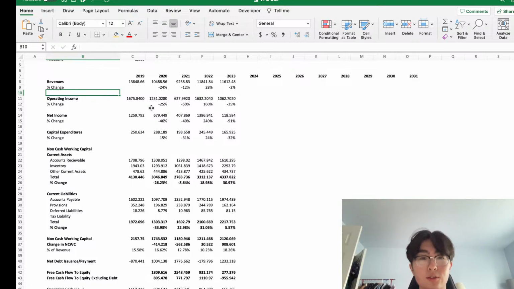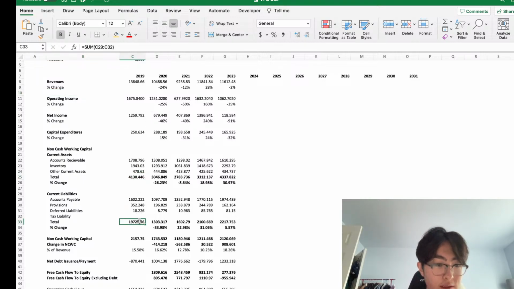So those are our two main assets, one main current liability, and we subtract the two. Let's see, did I subtract them? Total current assets, yeah, okay. So we subtract the two, and then we also subtract the difference from the net income.